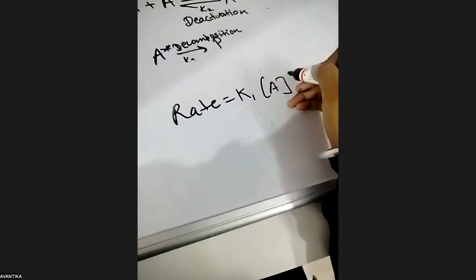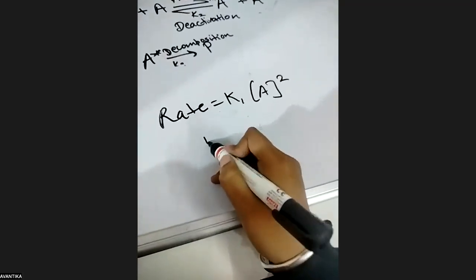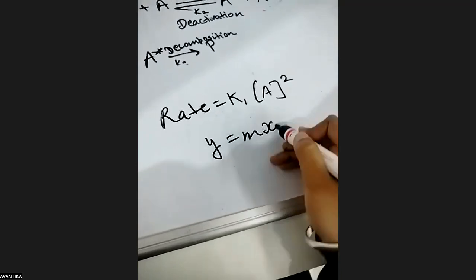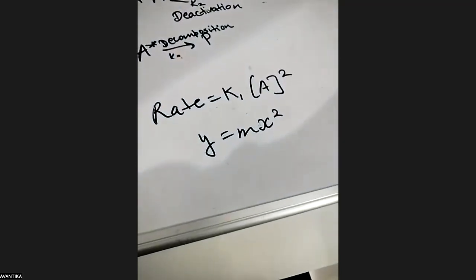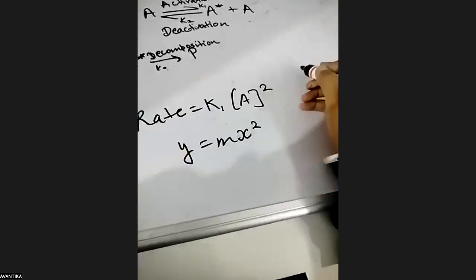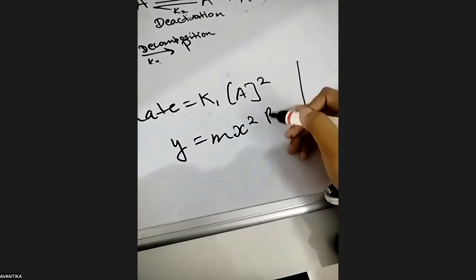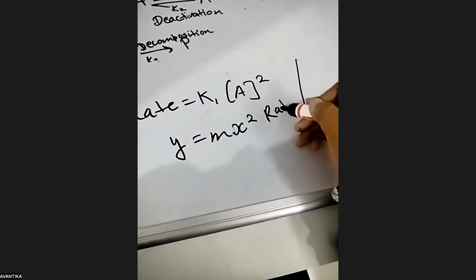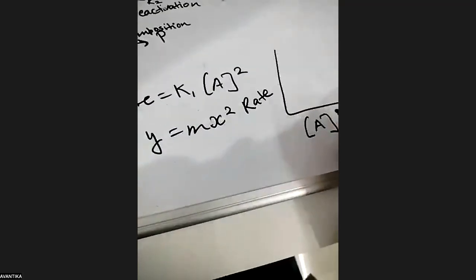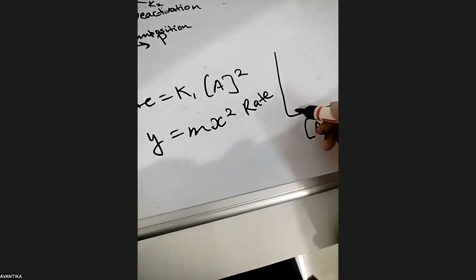So this is a y is equal to m x squared equation. From here we can draw the graph between rate versus concentration of A as a hyperbola. This will be the graph for the decomposition process.